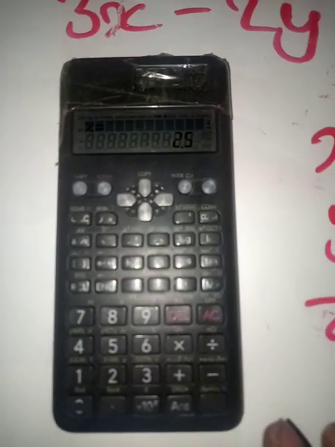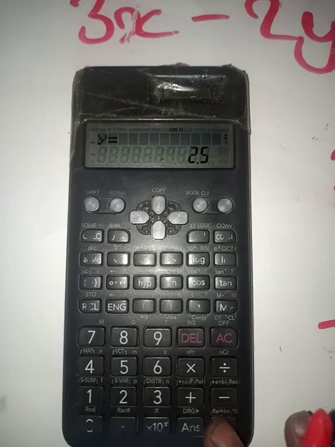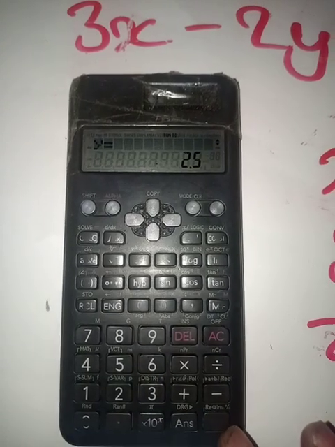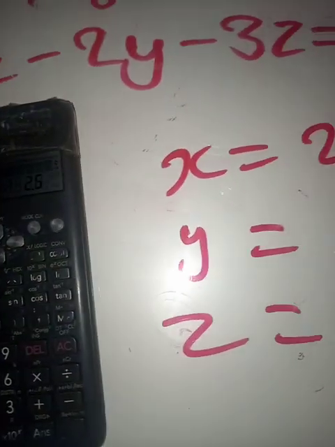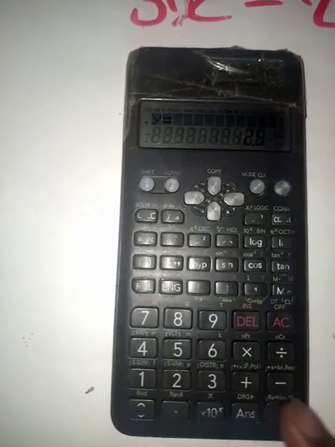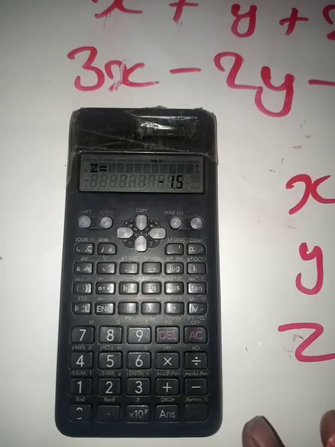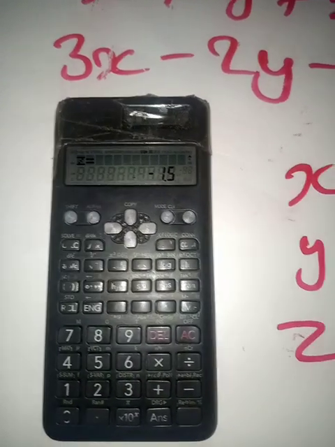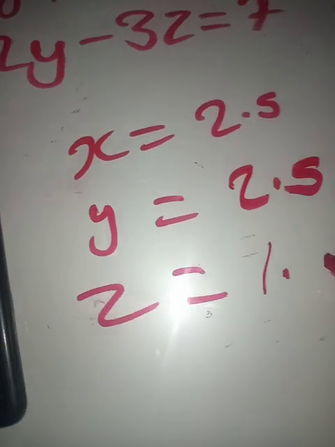So now, with x being that, we type equals. Then our y is equal to what? Our y again is equal to 2.5. We go to our next value. Our next value, z, is equal to 1.